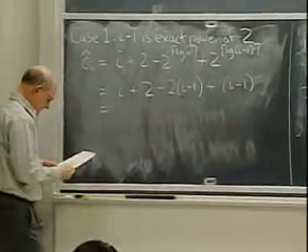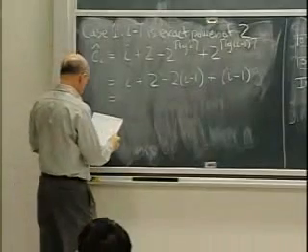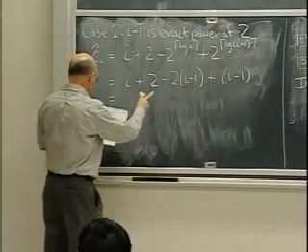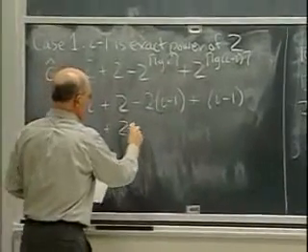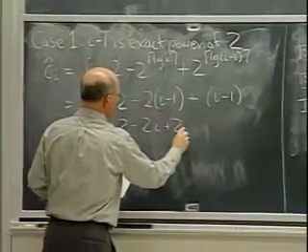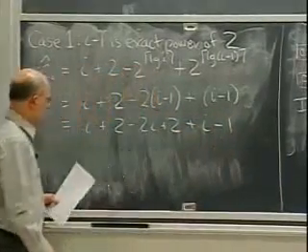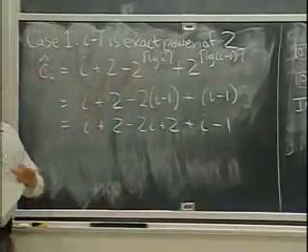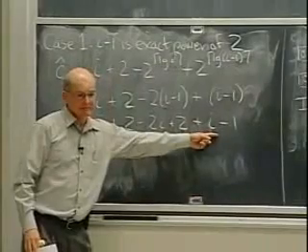Okay, so what do we have here? If I multiply this through, I have i plus 2 minus 2i plus 2 plus i minus 1. A lot of people, I know probably 90% of you won't do this step.